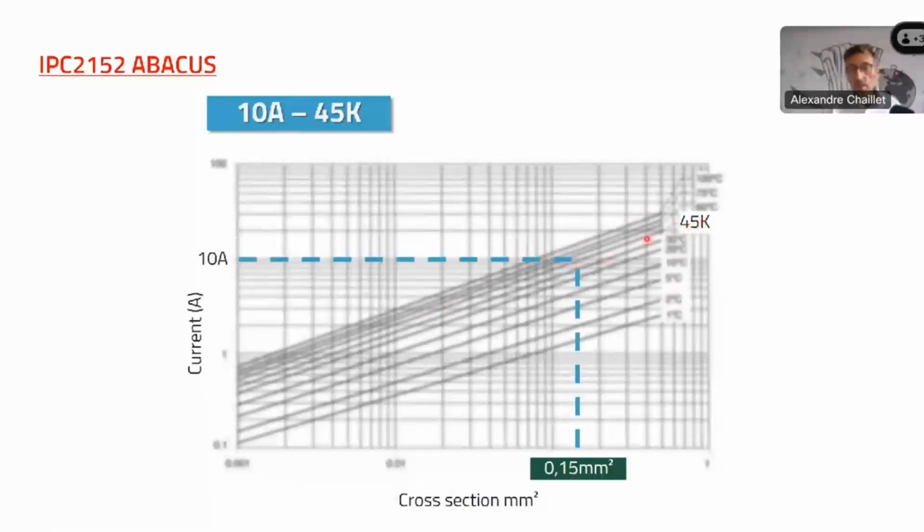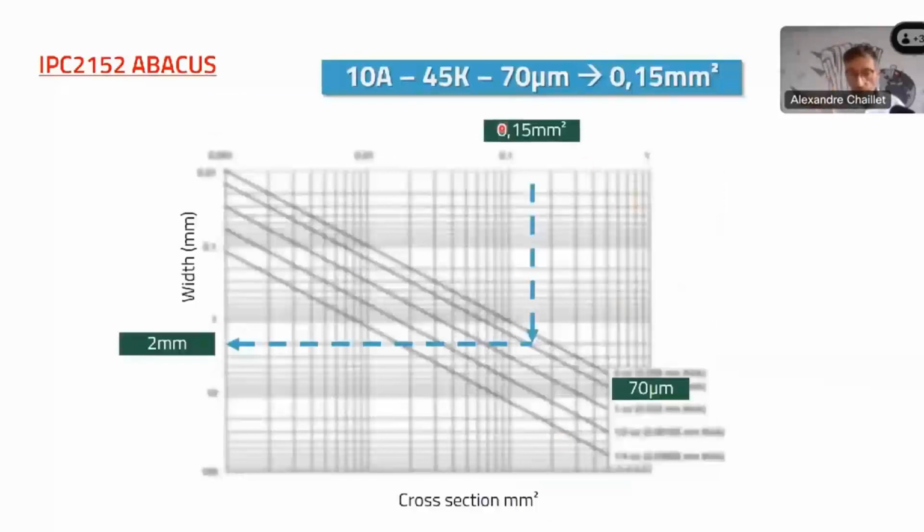You cross the 45 Kelvin here, and then that gives you 0.15 square millimeters, which is the cross-section that you want to reach for your trace. Imagine that you would like to have 70 micrometers of thickness for your traces. Then for 0.15 square millimeters, you cross the line of 70 micrometers. Then you have a width of 2 millimeters.